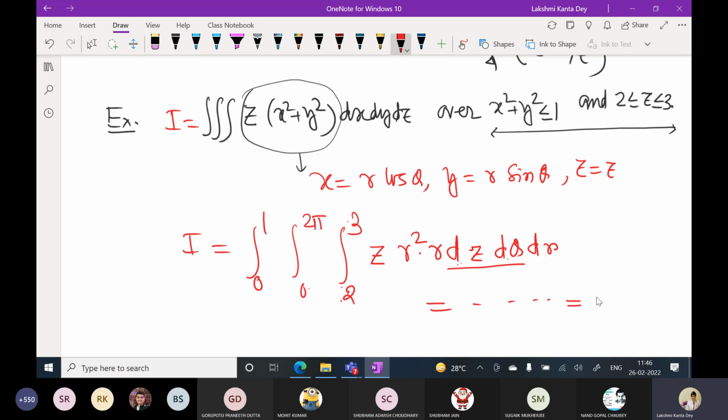So what could be the answer? 5 pi by 4. Good, very good. Yes, it is coming 5 pi by 4.